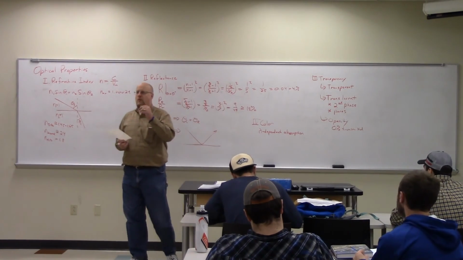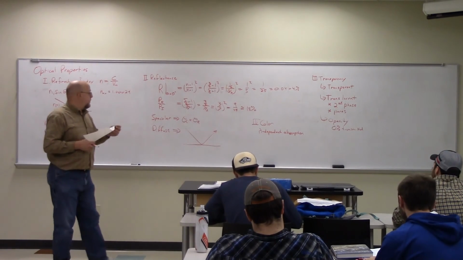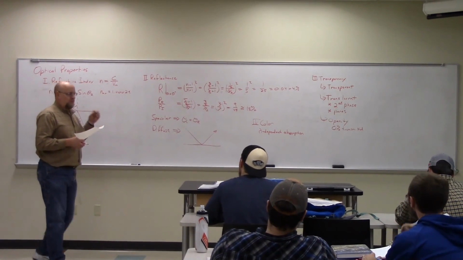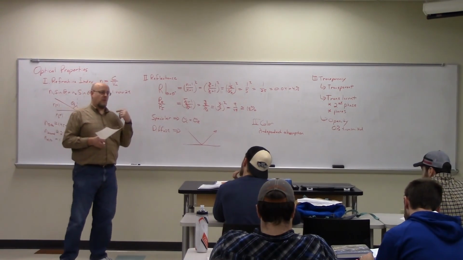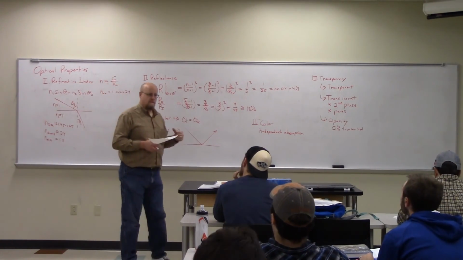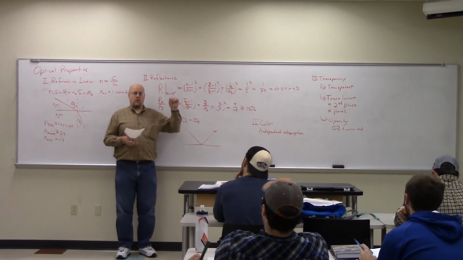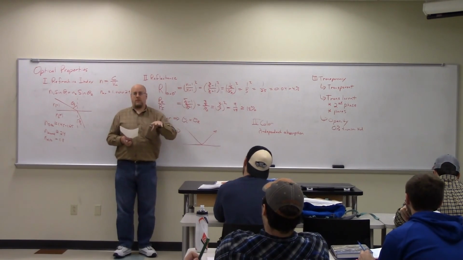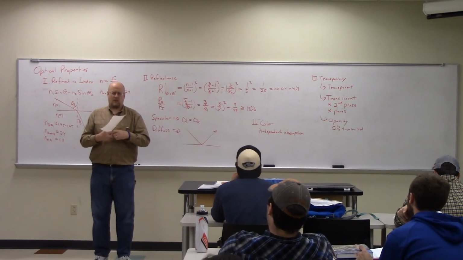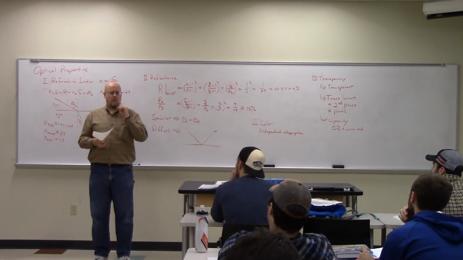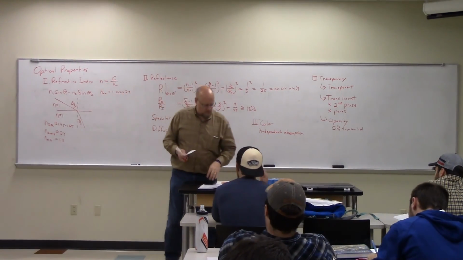So if I dope my aluminum oxide with some chromium ions, those chromium ions will preferentially absorb yellow light, so that when I shine white light on aluminum oxide that's been doped with chromium ions, I think that's correct. I may be wrong with that. Chromium might be absorbing green. I can't remember which one it is. I should have written it down.